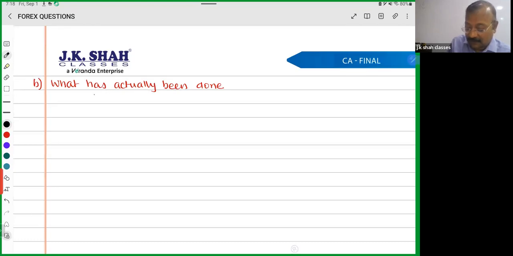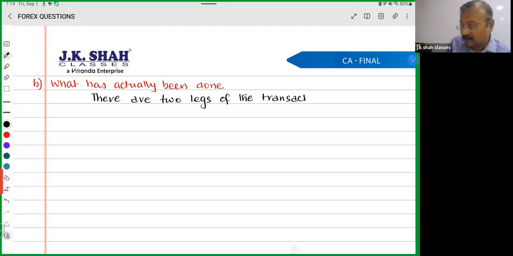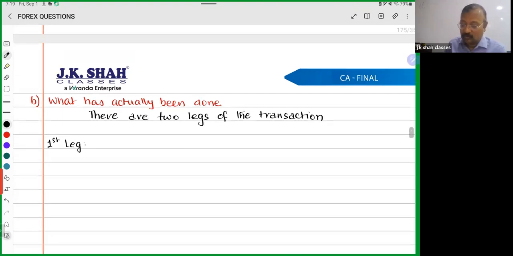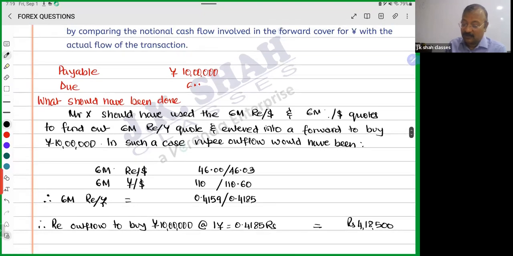See, there are two legs of the transaction. The first leg is, he has a payable of yen, right?